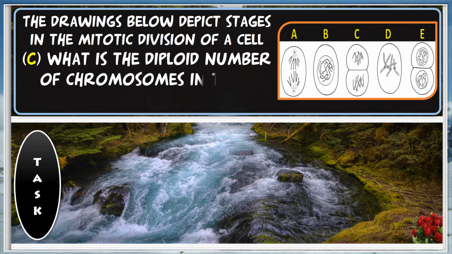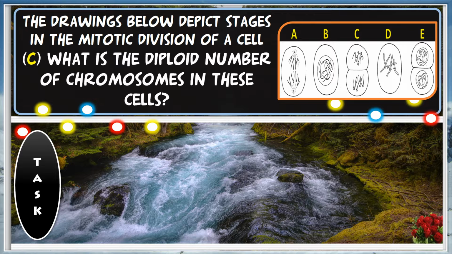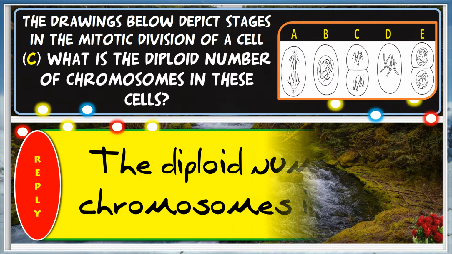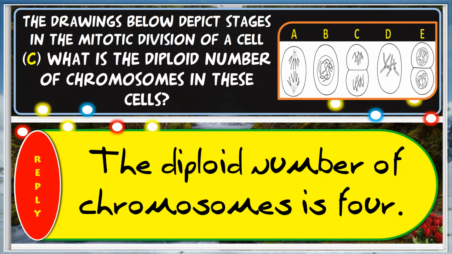Part C. What is the diploid number of the chromosomes in these cells? The diploid number of chromosomes is 4.